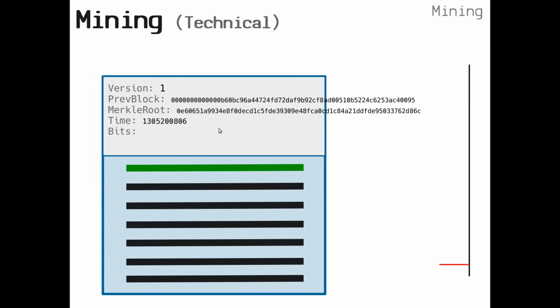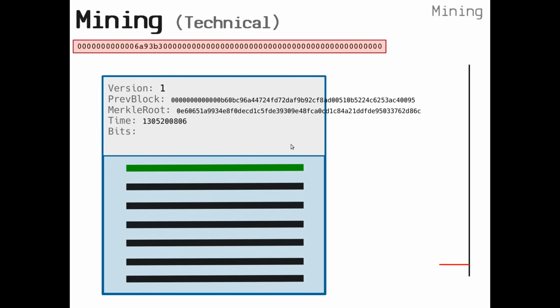Bits. Remember the target. Bits is just a compact representation of the target. So instead of putting the entire target in the block header, you grab the first 3 significant bytes, or the first 6 significant characters after the leading zeros, and put that there.